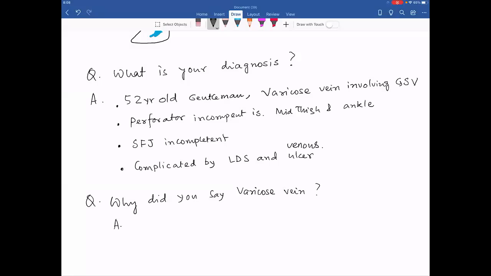Sir, the veins in the lower limb appear to be dilated, tortuous, elongated, and anything more that I'm missing out? The flow of blood is in opposite direction. Very good. Thank you, sir.